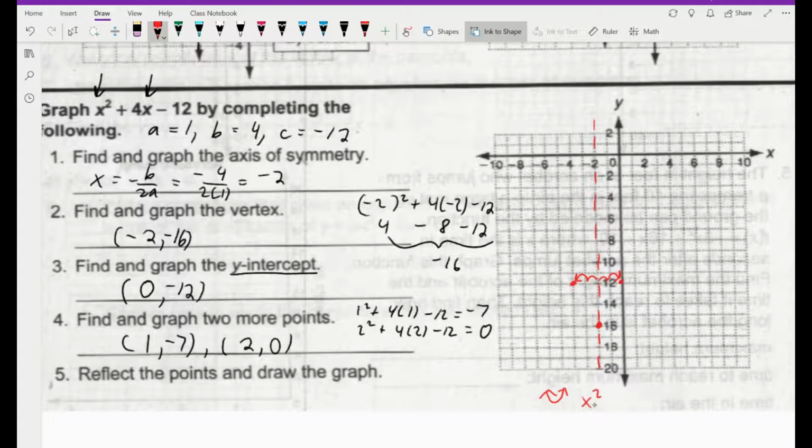Now, so we have 1, negative 7, and 2, 0. Again, we can just do mirror images. 1, 2, 3 spaces. And this is 4 spaces, so 1, 2, 3, 4. And we now have our parabola.